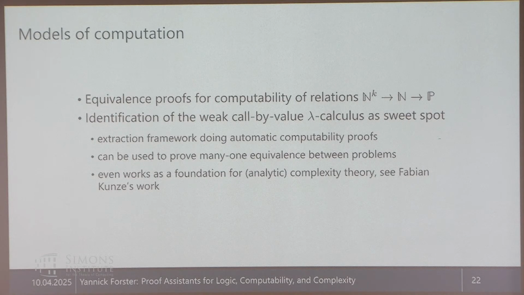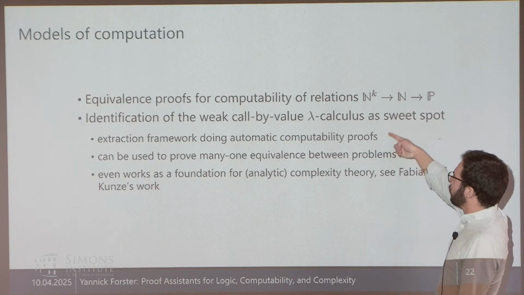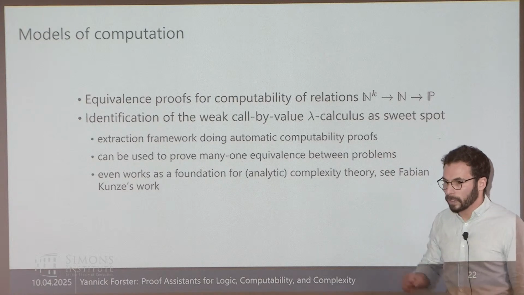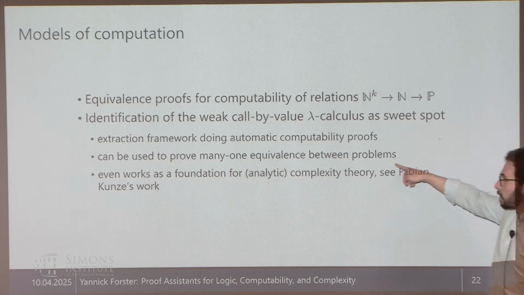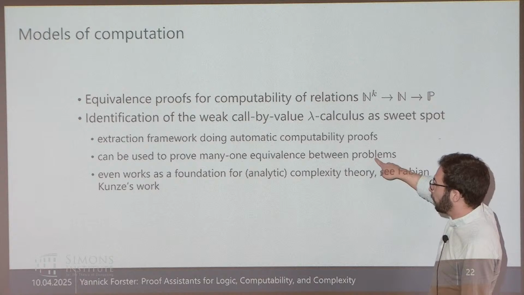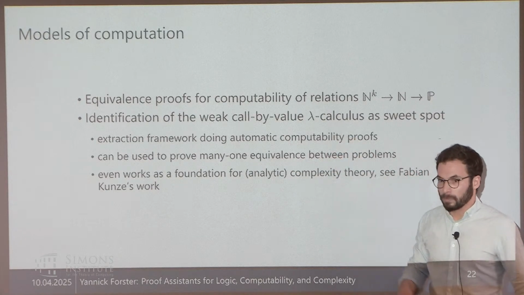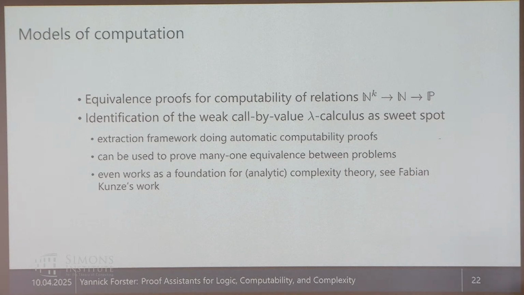For this, we have a framework that can do automatic computability proofs in ROC. You write down a ROC function, you click a button, you pray a little bit, and usually what falls out is a lambda calculus term with a proof that this actually computes the input function. That can be used to prove actual many-one equivalence between problems by the reverse direction, because more or less for every problem you need to write down the recursive enumerator of the problem, click a button, then the lambda term falls out and you know that it's equivalent.